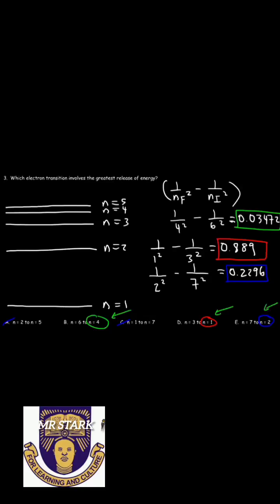The one with the lowest final state is the one that's going to release the most energy, and it usually works out that way. But if you feel dubious about that, just use this equation and see which one gives you the largest value. So in this problem, our answer is answer choice D. It's going to release the greatest amount of energy.